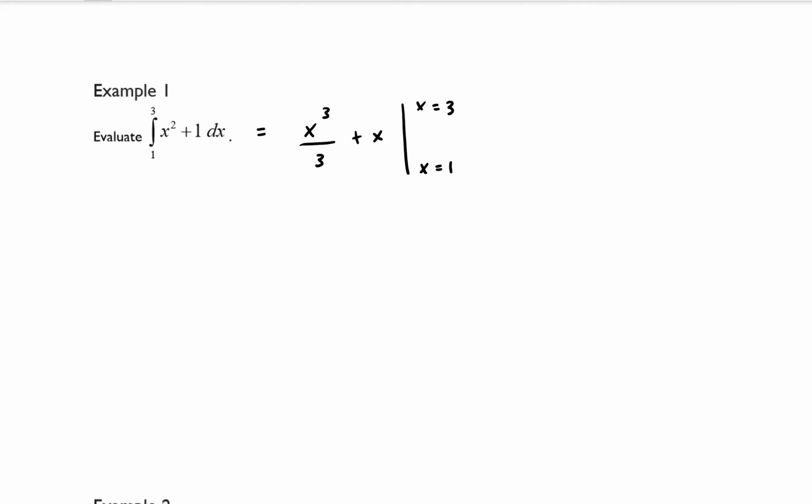You'll often see this bar notation here, and that just means that we are going to evaluate it at b and then subtract what we get after we've evaluated at a. So this is now equal to, and I like to put these in brackets, 3 cubed over 3 plus 3.